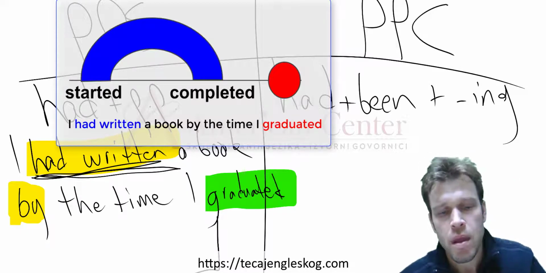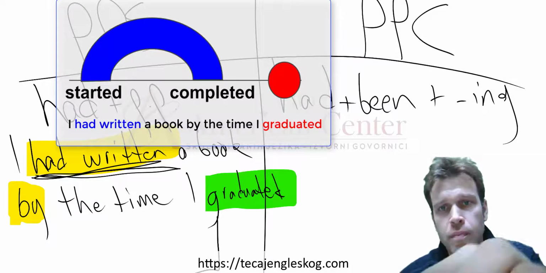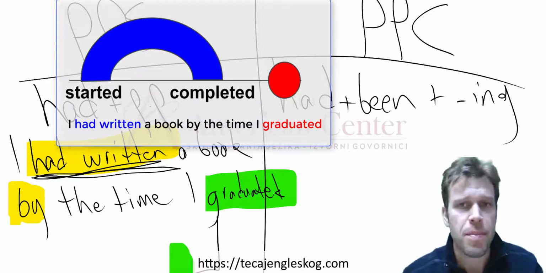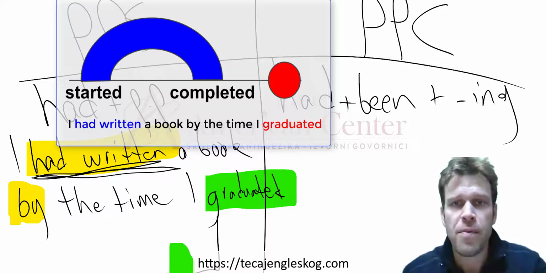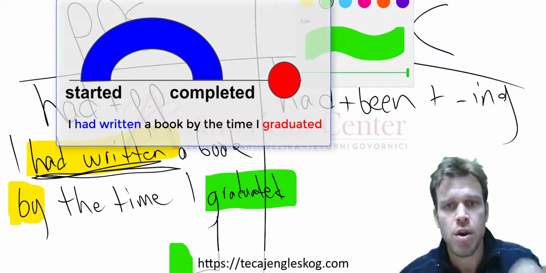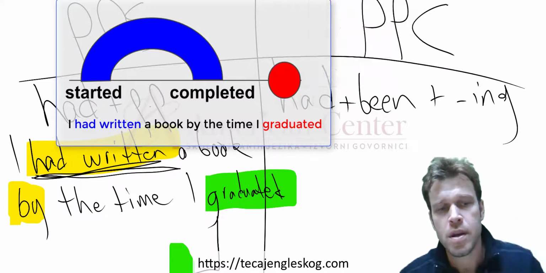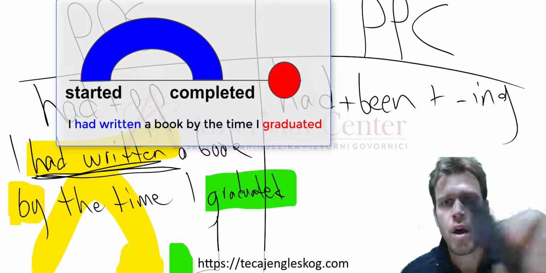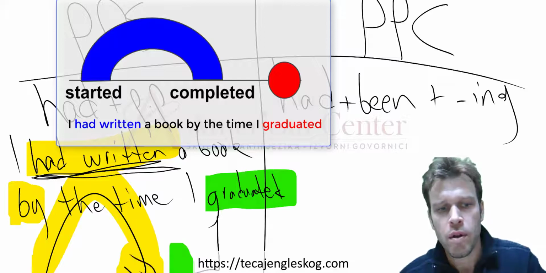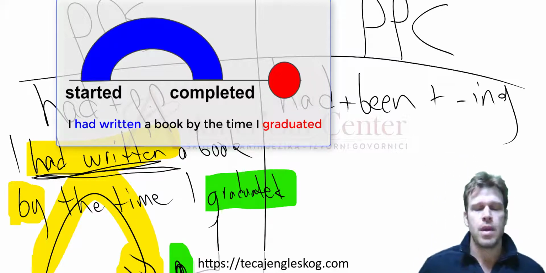So for example, I graduated right here sometime in the past, but before that time, I started a book right here and finished, all before the time I graduated.